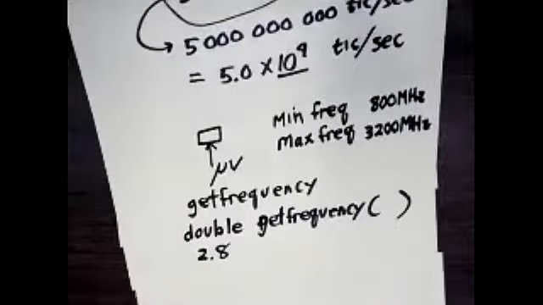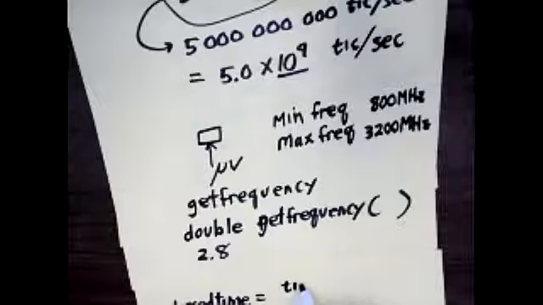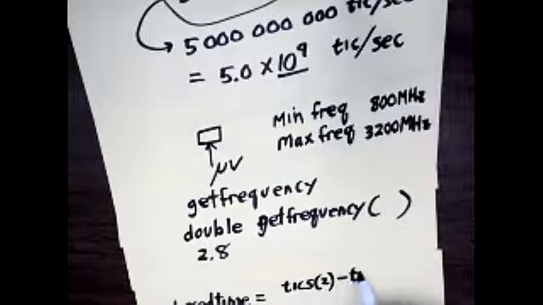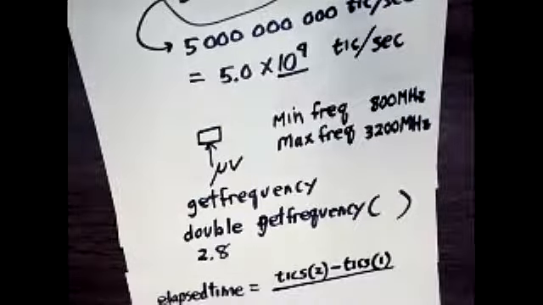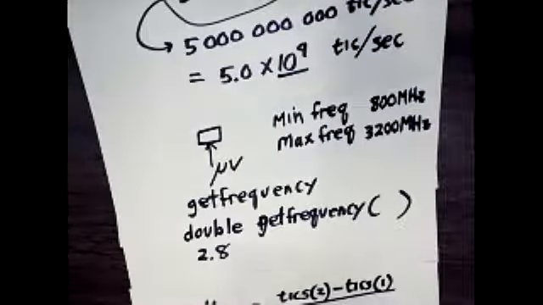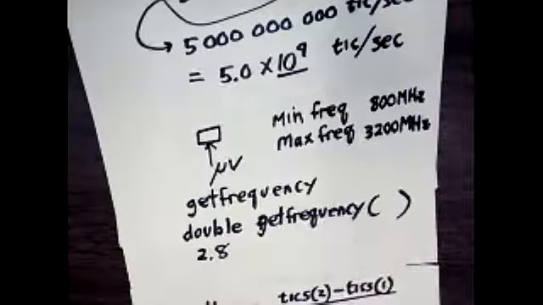Okay, remember the problem is to do this division. Elapsed time equals ticks later minus ticks earlier. And we want to divide by the clock frequency. Now, here's the issue. The number that the function gives you is in gigahertz. We want it just in hertz.